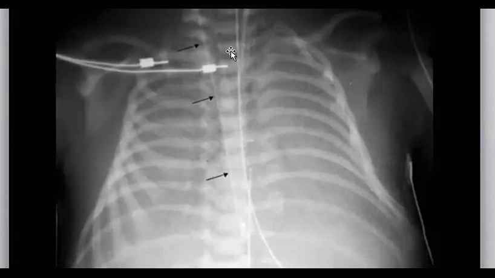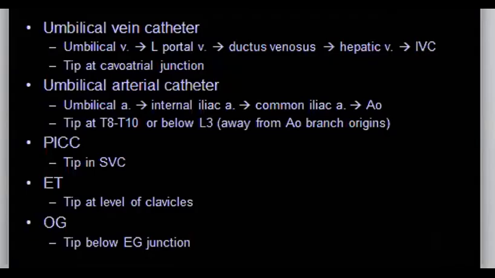You trace the carina, and you try to get it around 2 centimeters above the carina. And in the adult, they mentioned it could be 5 centimeters plus or minus 2 centimeters. Everyone agree?